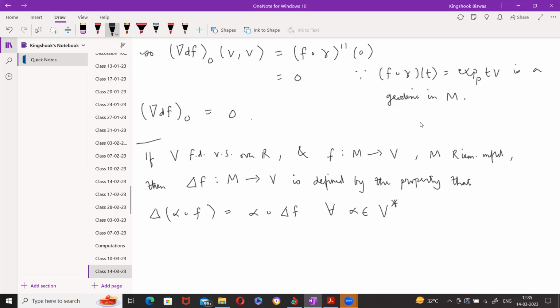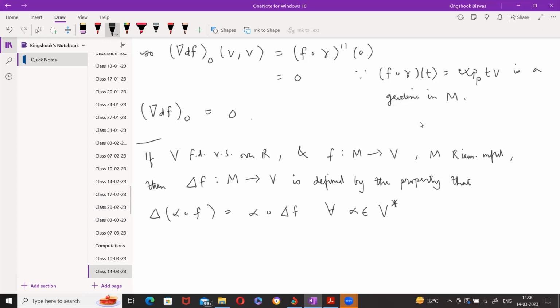See, Laplacian F at a point P is going to be a vector in V. To tell you what a vector in V is, you just need to know the image of that vector under all dual elements, right? So alpha acting on the vector Laplacian F is equal to the Laplacian of the scalar function alpha composed with F. Okay. So it's easy to see that this is well defined.